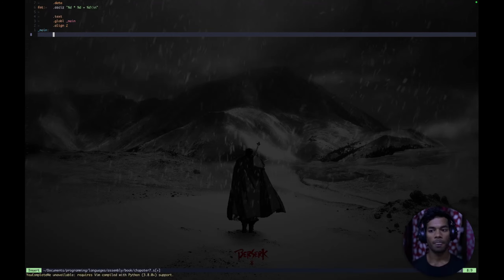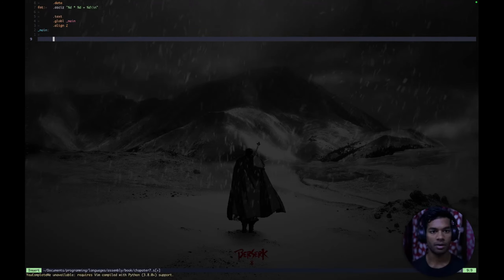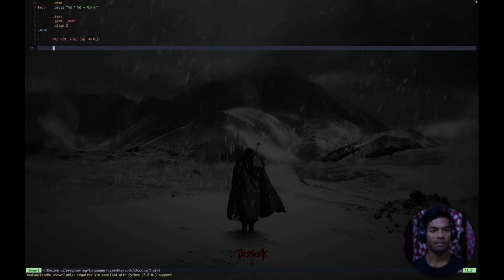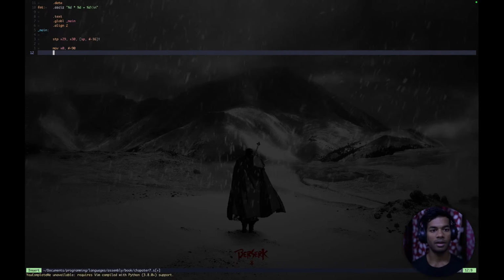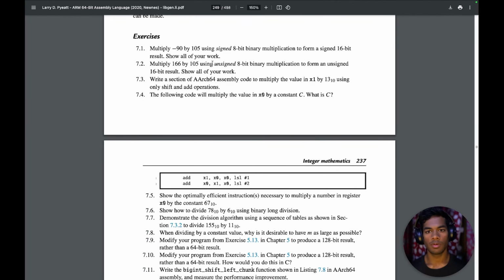And in the main, let me first of all store the frame pointer and the link register onto the stack by pre-incrementing the stack by 16 bytes and initializing the 0th register with minus 90 and the first register with 105.